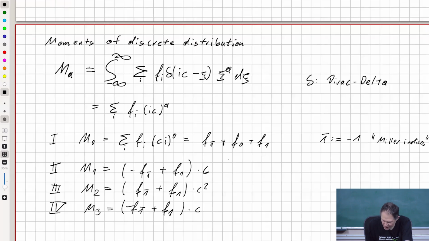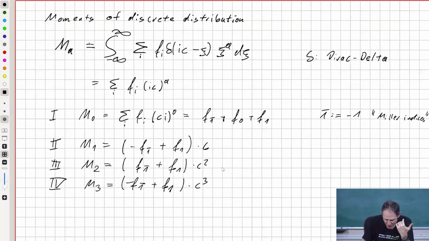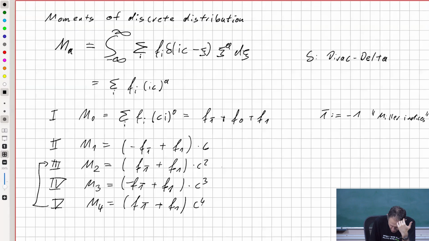The only thing is that for dimensional consistency, there would be a c to the cube, but we assume this thing is 1, so actually the numbers are the same, okay? And this goes on to m4, so this will behave like m2, so we'll have exactly the same thing, just this consistency here.